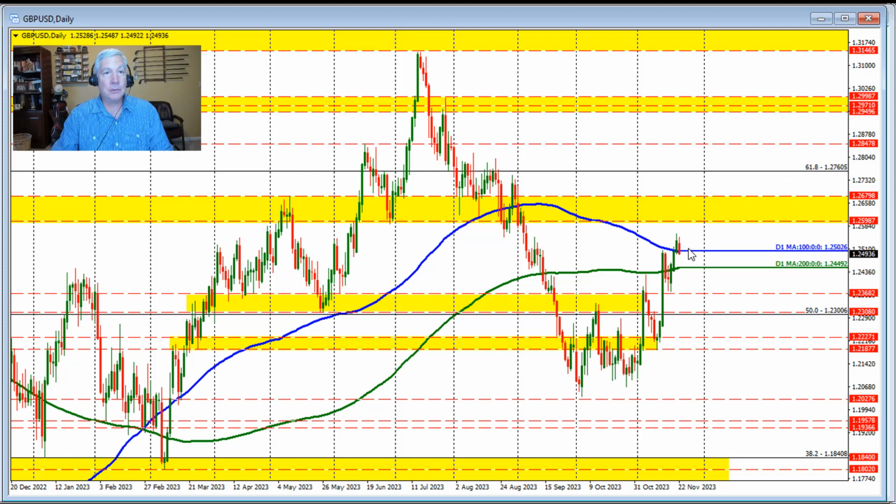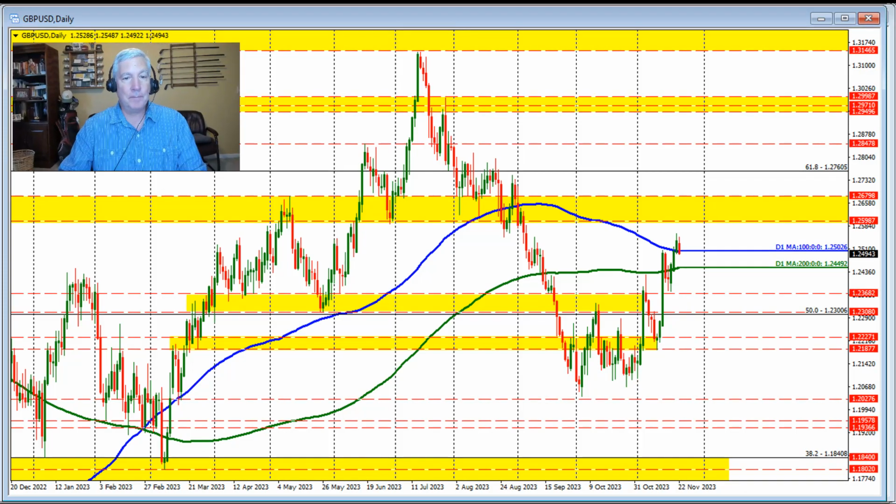And that is pushing the price back below the 100-day moving average at 1.2502. That puts us below the 100, but above the 200-day moving average at 1.2449. So about 1.2450 up to the 1.25 level is the expected trading range. If the price can remain below the 100-day moving average, that will be a close barometer for both buyers and sellers in trading here today. If the price can stay below that level, it'll be more bearish.